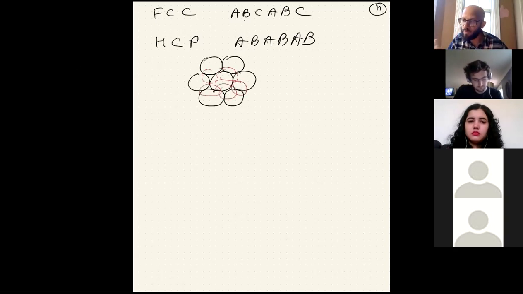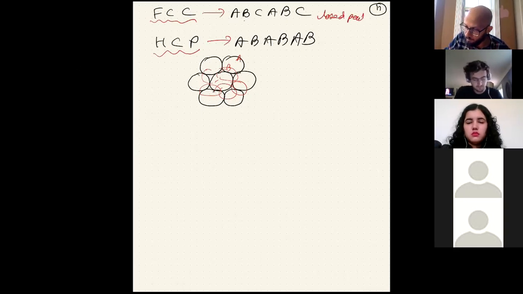This is now called a layer B, and the third layer can be the same as the layer below it, or it can be a further rotation. So the point being that this 3D crystalline symmetry can be mapped into a 1D arrangement of close packed layers. These are called close packed layers.